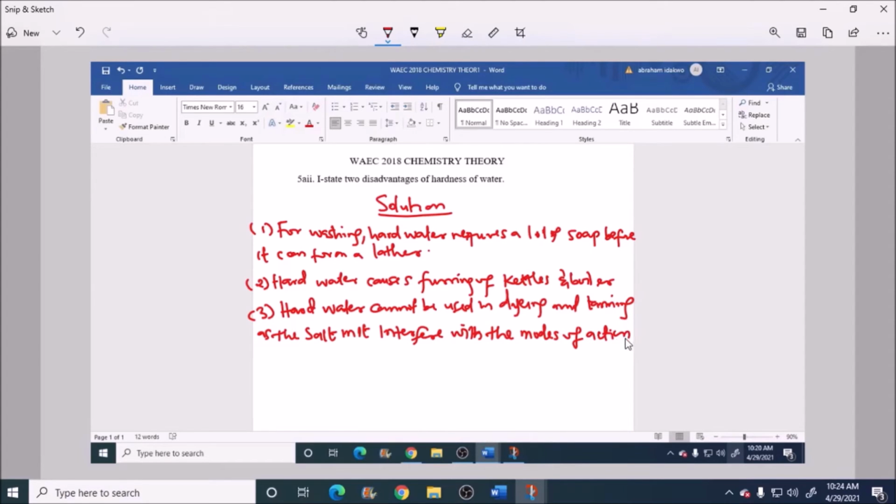So the salts in it interfere with the mode of action of this process, that is the process of dyeing.